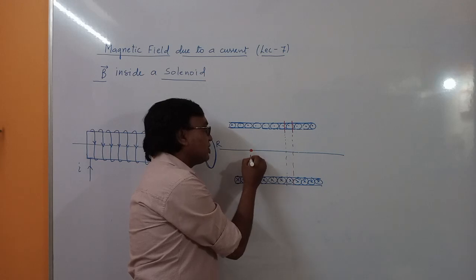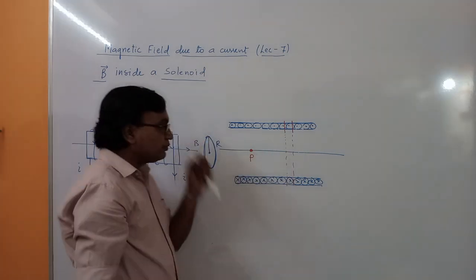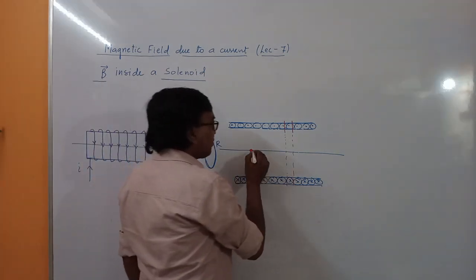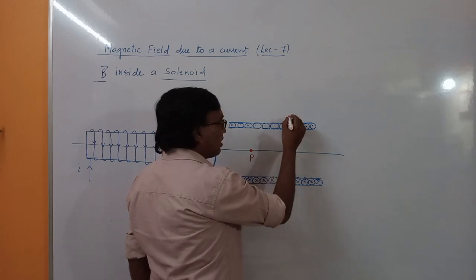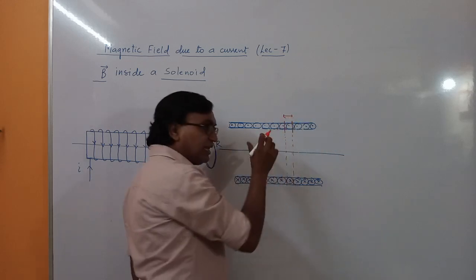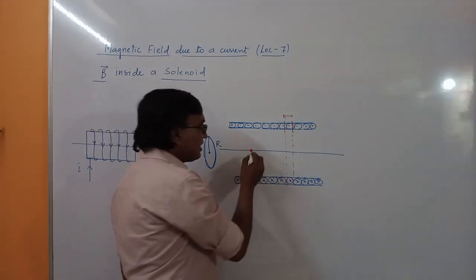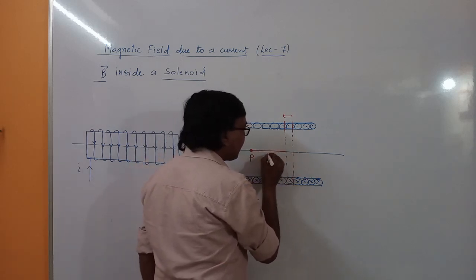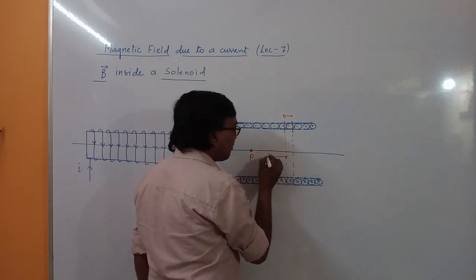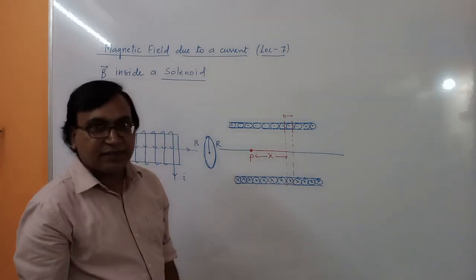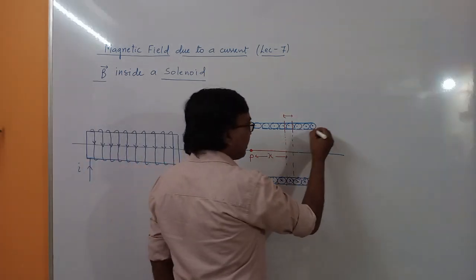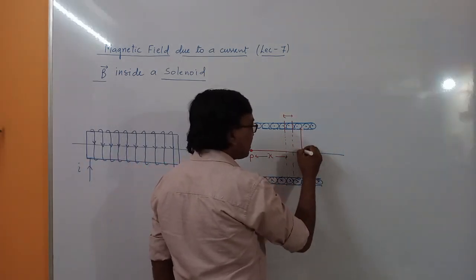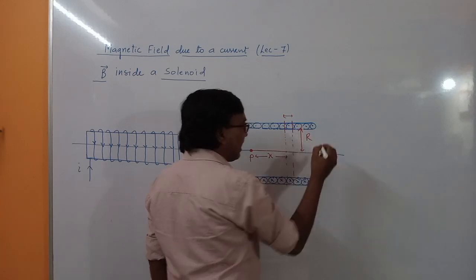So from this point P, this ring or elemental length which I have considered is at a distance of x, and this is the radius r.